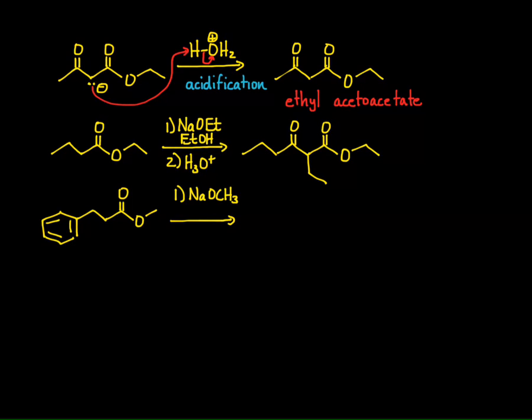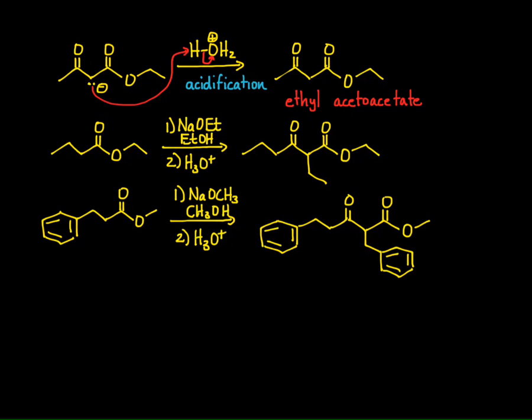And here's another reaction where I have now a methyl ester. I'm simply showing you a methyl ester. And of course, we're going to use sodium methoxide in methanol, followed by that aqueous acidic workup to generate our fairly complex methyl beta keto ester.